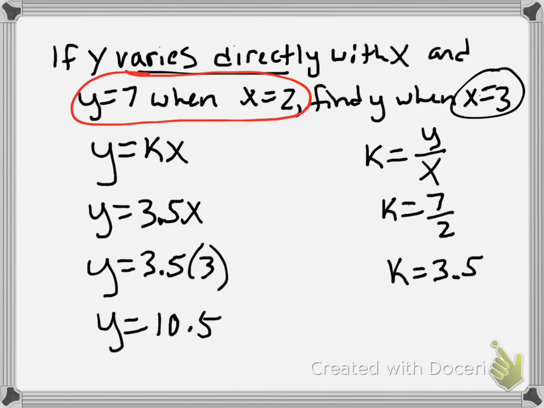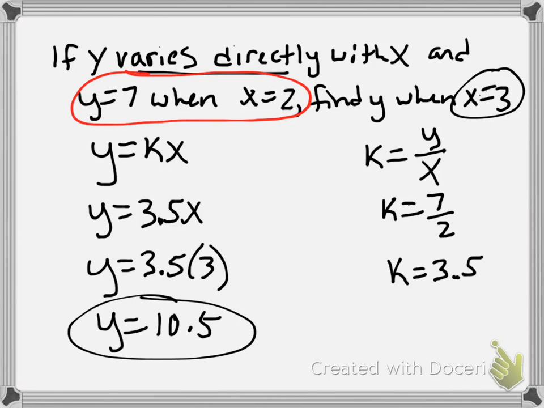I'm pretty sure. Let me just double check. Yeah, 10.5. So again, you can put it in as a fraction on your homework, or you can put it in as a decimal. Either way works. All right, so those are direct variation.